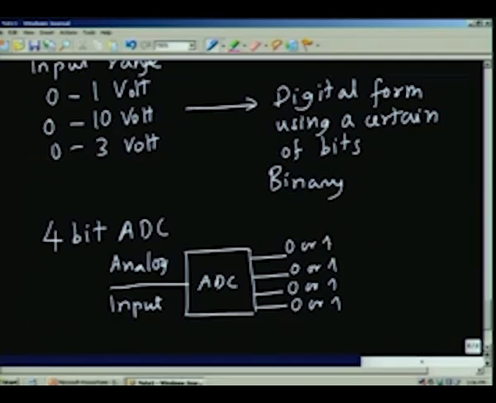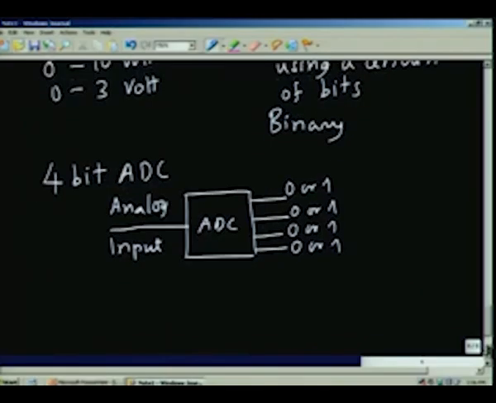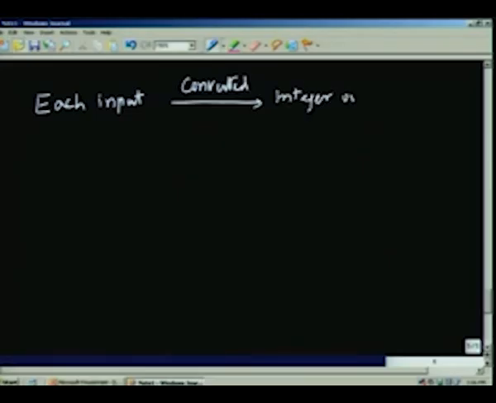Of course, these can come in serial fashion or parallel as I have shown here, just for sake of clarity. Now, what we mean is that each input voltage is converted to an integer output. Let us see what is integer.